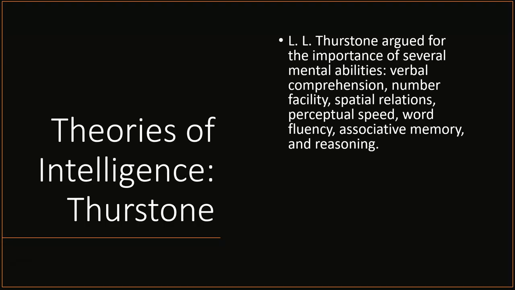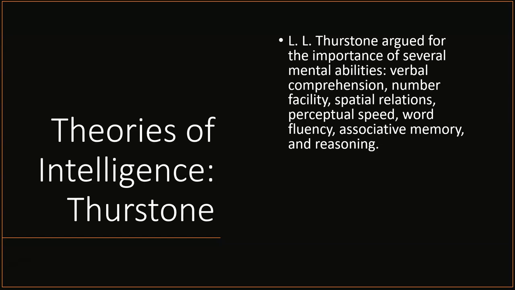Thurstone argued that there were several different types of abilities that were strongly related to this global sense of intelligence. Notice how academic these are, particularly in a Western context, where compulsory education is the norm.